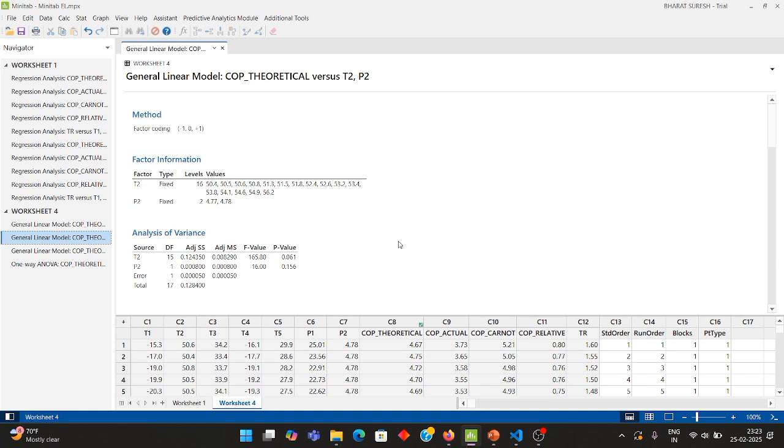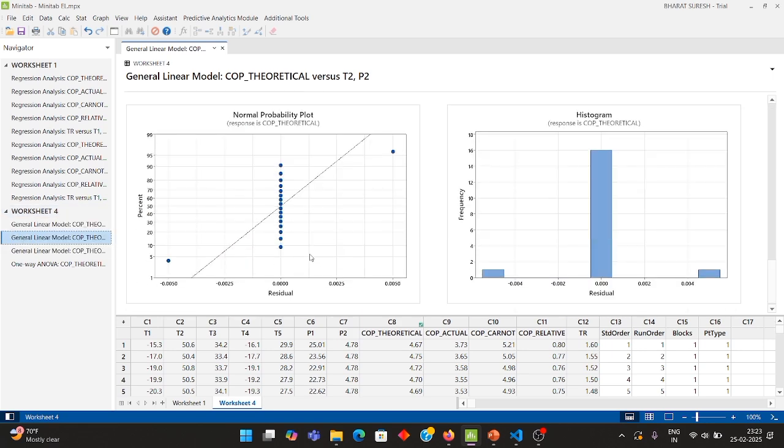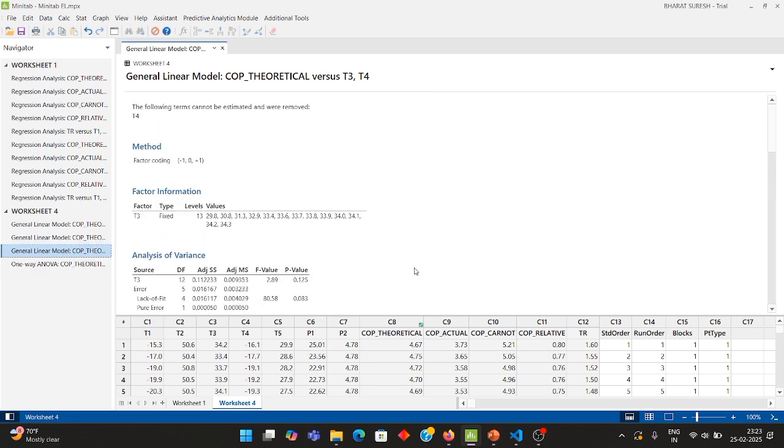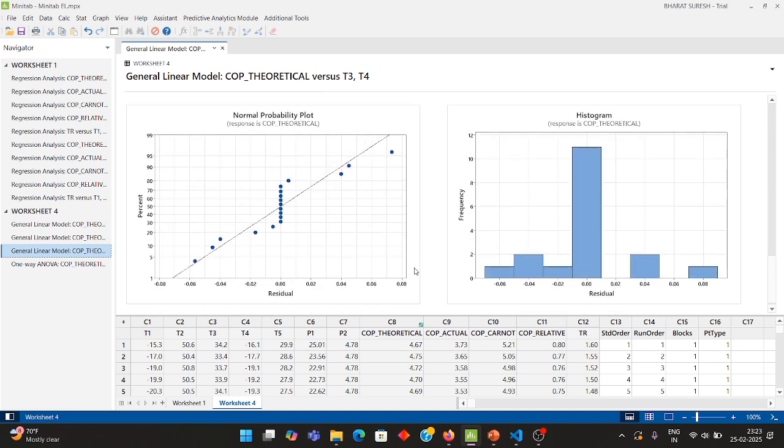This is followed by creating a general linear model using the ANOVA method for COP theoretical versus T2, P2. This is the graph that we have plotted, the normal probability plot and histogram. A similar method is followed for COP theoretical versus T3 and T4.